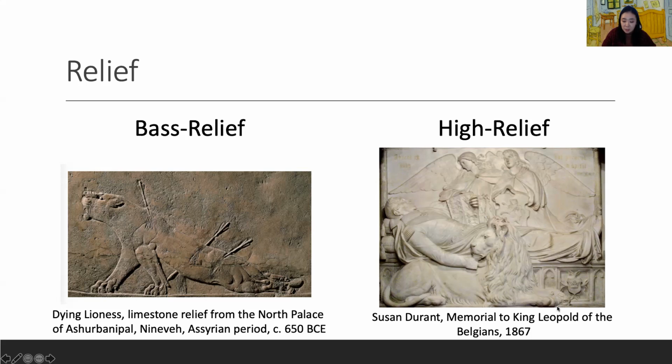And in this high relief, the British sculptor Susan Durant chose to incise the surface more deeply for the figures closer to the viewer.